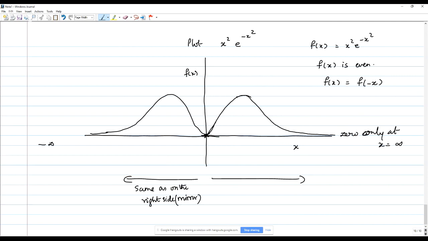So this is x squared e to the minus x squared. There are two maxima and a minimum, but the other minima are at the infinities, plus and minus infinity, where they are 0. That's the other minima, which we don't consider.